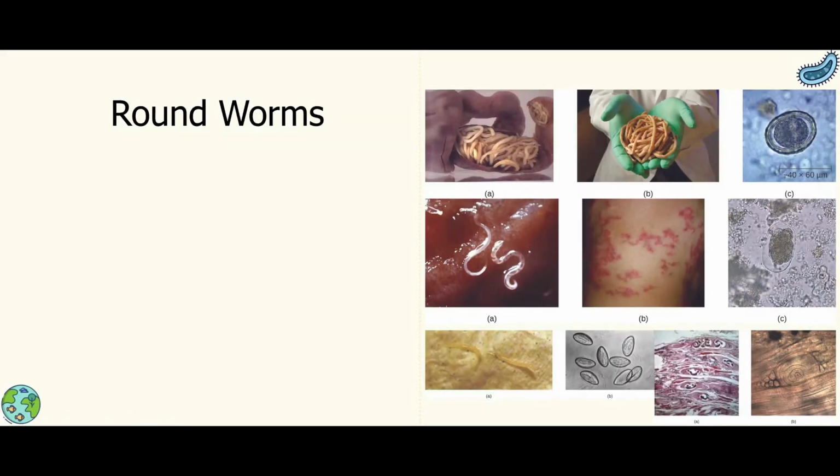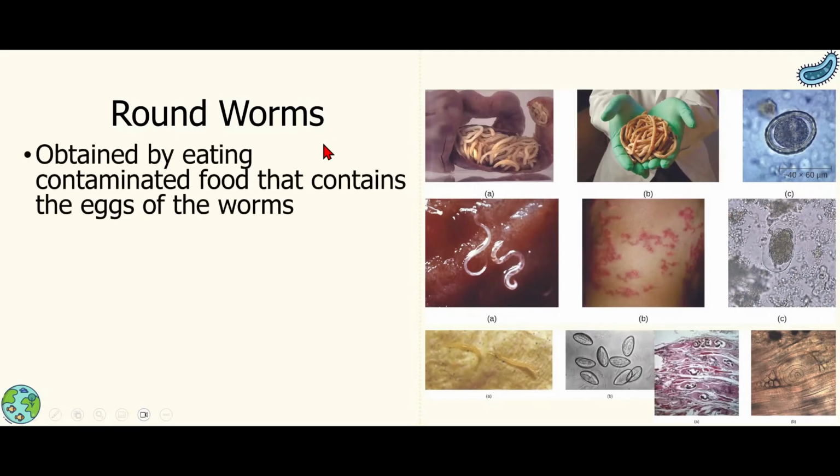All right, then there's the worms, and golly, there's a lot of worms that can infect the GI tract. And these are all roundworms, by the way, meaning that they're physically round rather than flat. And as you can see, there's a lot of different types of roundworms. Again, you're going to be obtaining these typically through eating food that has been contaminated with the eggs of the worm.